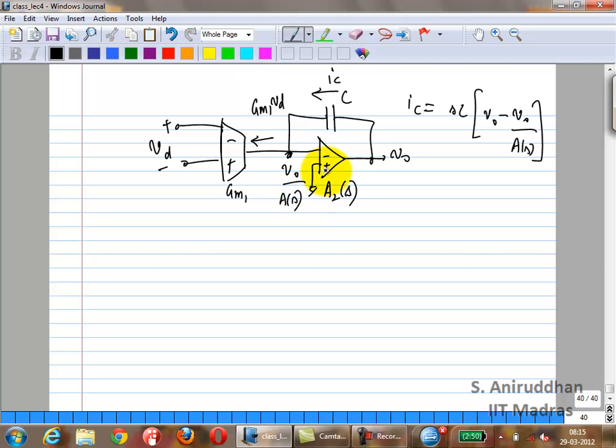It will be minus plus. Right? So this voltage will actually be minus VO over A of S. Correct? It's connected to the negative output. Is that right?